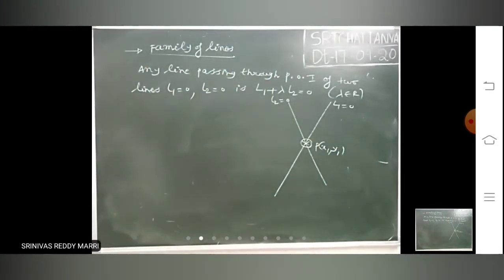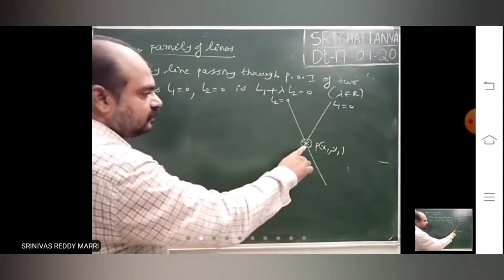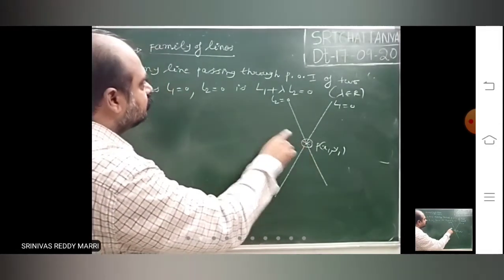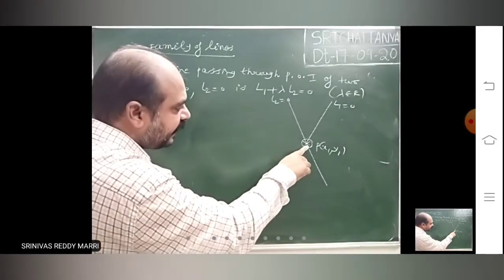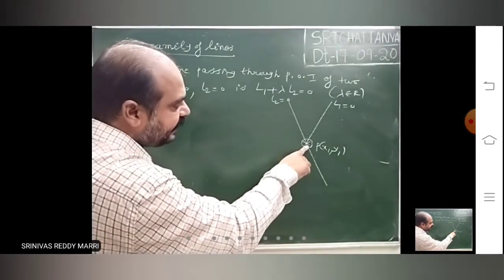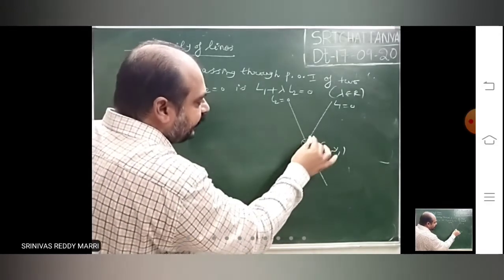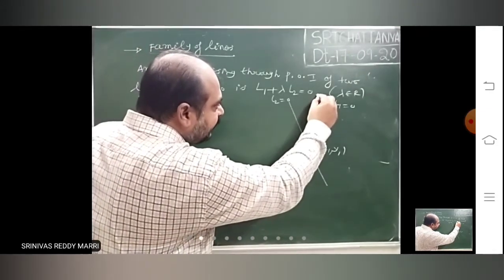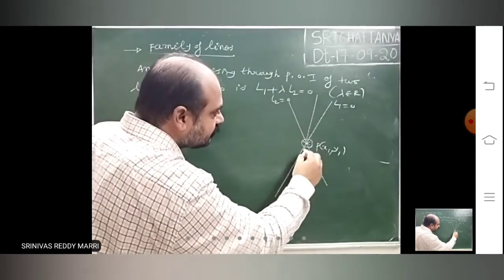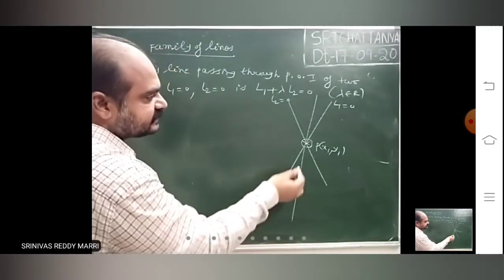You have to draw a line passing through P, the point of intersection of the two lines. Passing through P, there will be infinite lines.